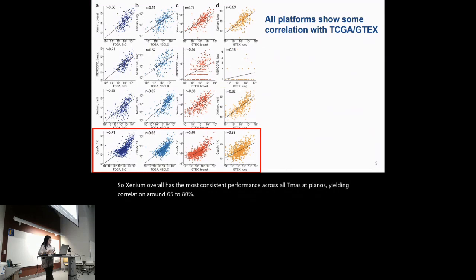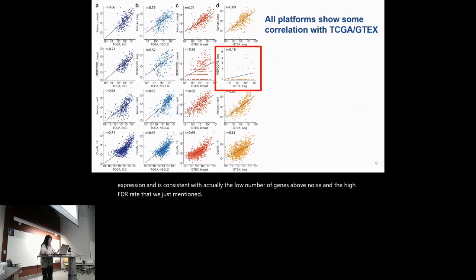And then looking at CosMx, the upswing character that CosMx shows at the lower gene expression is consistent with the low number of genes above noise and the high FDR rate that we just mentioned. And then last but not least, Merscope has really unstable performance, showing comparable correlation, but only with certain tissues.